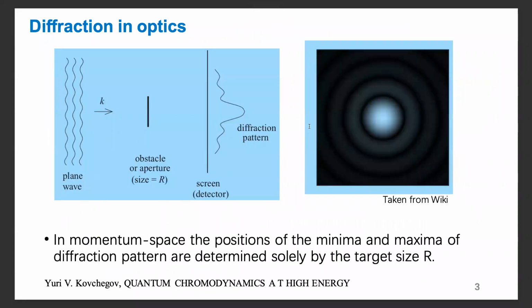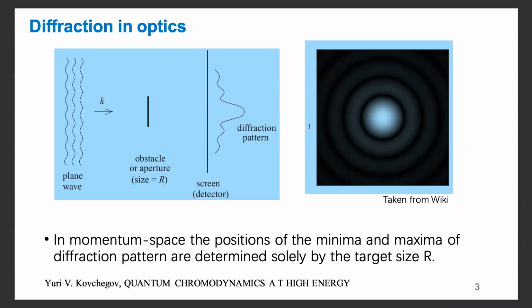Then I go to the diffractive process. This is diffraction in optics. For example, a plane wave travels forward and meets an obstacle or aperture with a size of r, and then the diffractive process happens. Going to a screen or detector, we can observe very beautiful diffractive patterns, with a maximum at the center, then a minimum, a second maximum, a second minimum, and so on.